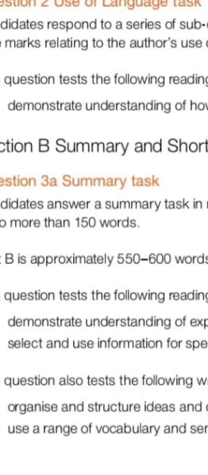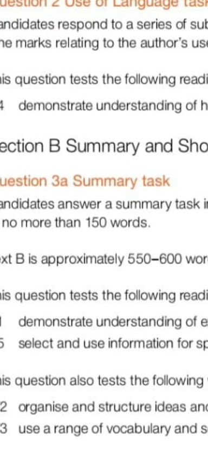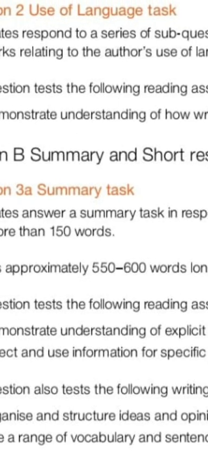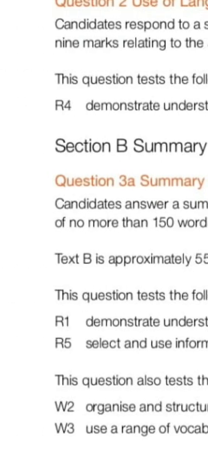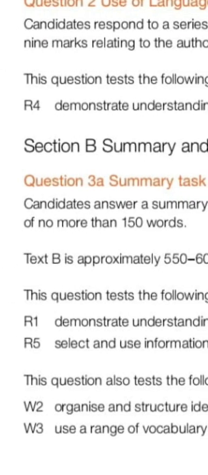Sometimes it is about disadvantages of something. So according to your question, when you are reading the text, you have to underline or select the information, and after that you have to use that for summary writing. This is our R5. This is 10 marks for reading.